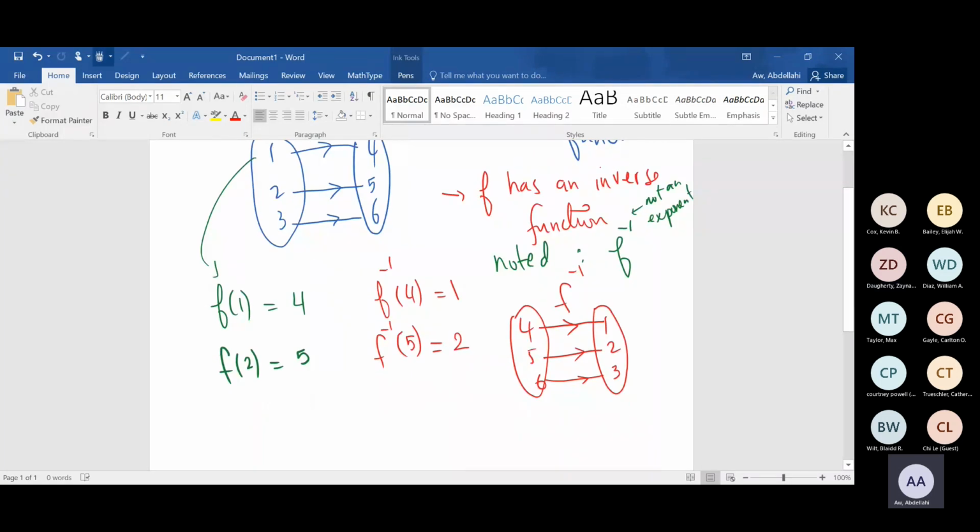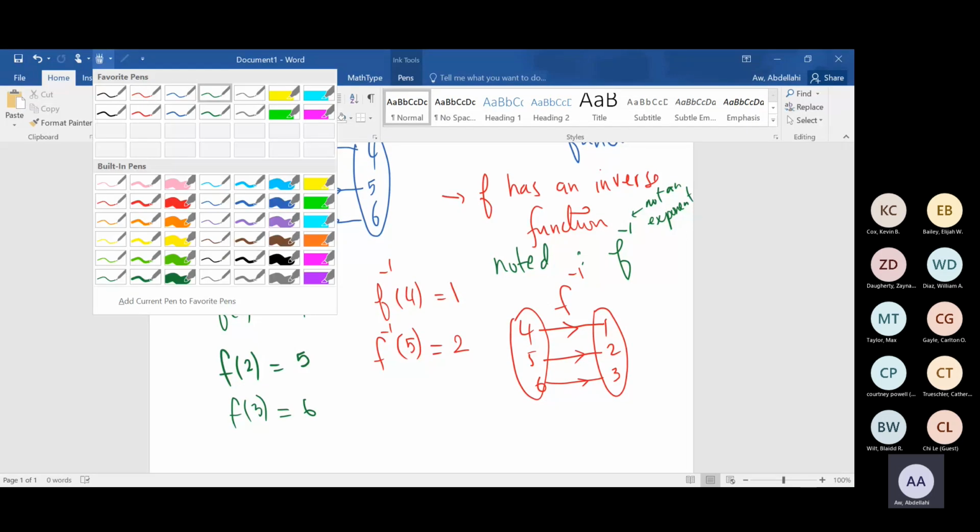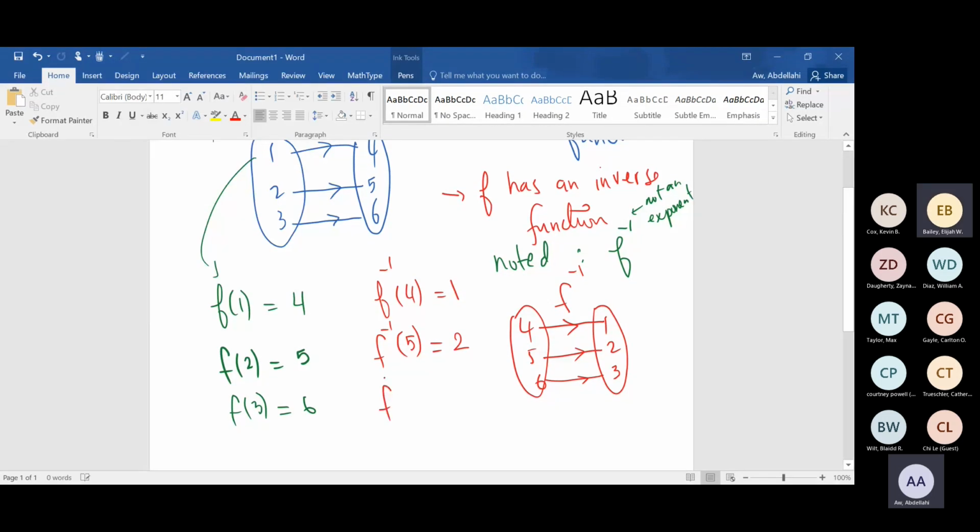The last one: how much is f of 3? 6. What's going to be the inverse form? f minus 1 of 6 is equal to 3. This is how we understand the inverse. The inverse function is the reverse stuff.